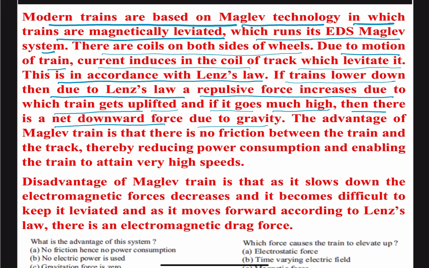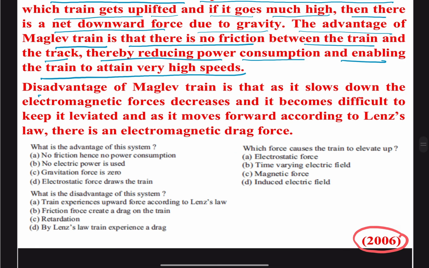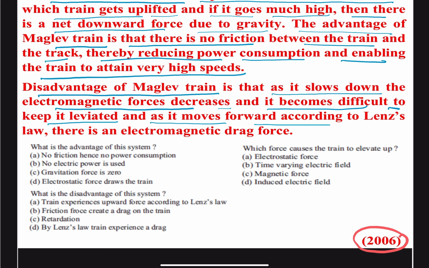The advantage of the maglev train is that there is no friction between the train and the track, thereby reducing power consumption and enabling the train to attain very high speeds. The disadvantage of the maglev train is that as it slows down, the electromagnetic forces decrease and it becomes difficult to keep it levitated, and as it moves forward, according to Lenz's law, there is an EMF drag force.